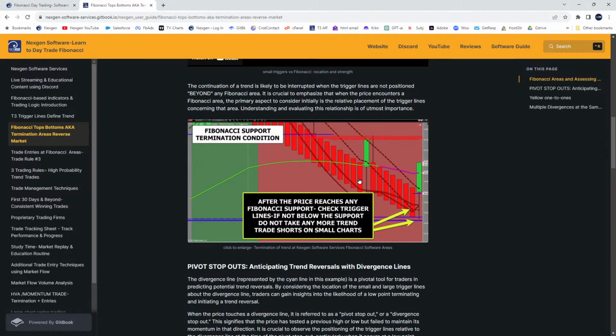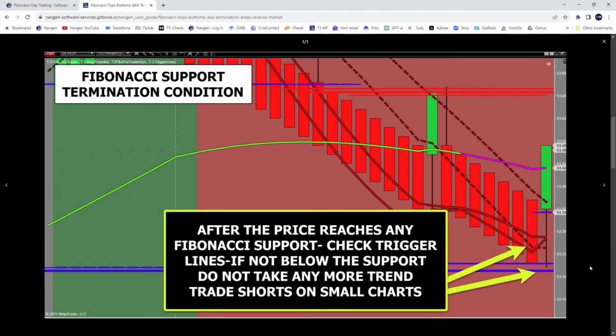And again, you guys, this is the same type of situation here. The market's going down and it hits support, and we don't know if support's going to hold forever, if it's going to break eventually. So we stop going long or short at any type of area.